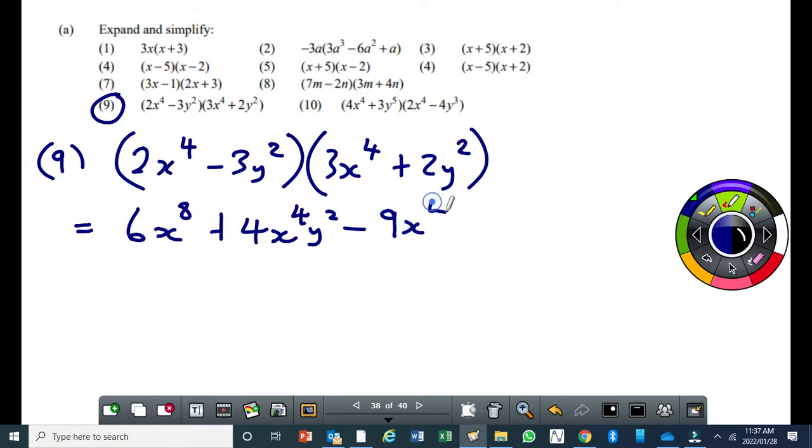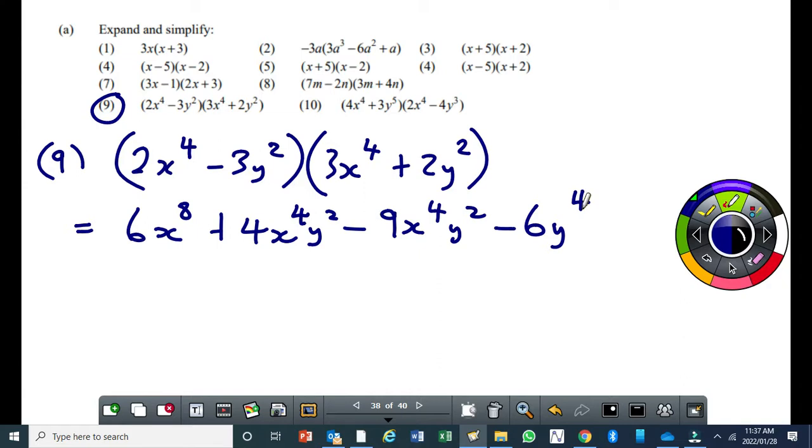We start with x to the power of 4 times y squared. Remember, x starts first in the English alphabet. Then minus 3 times 2, that will give you negative 6. And then y squared times y squared, that's y to the power of 4. Please, if you've got this step here, make sure you put a tick for each step.